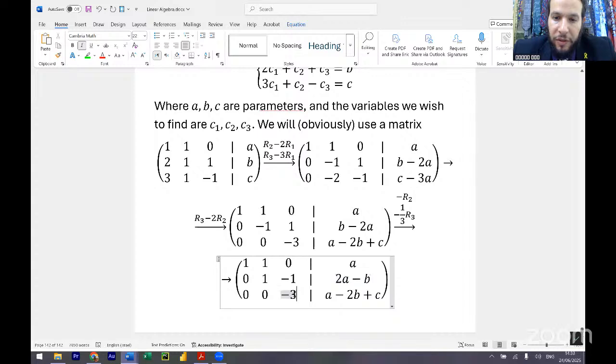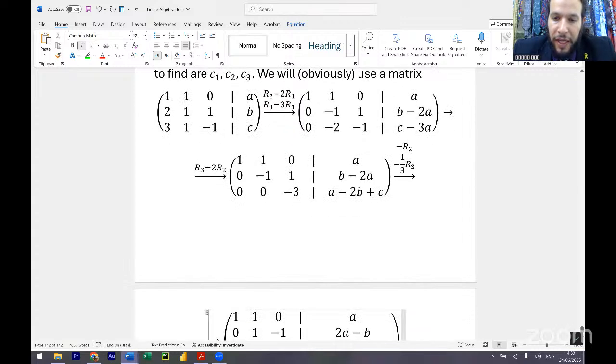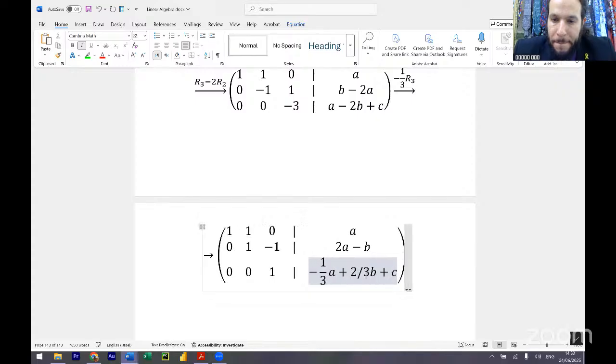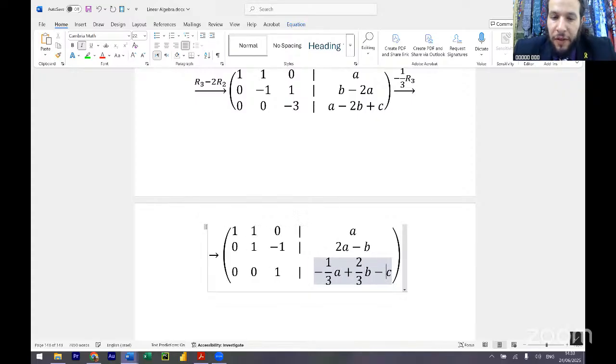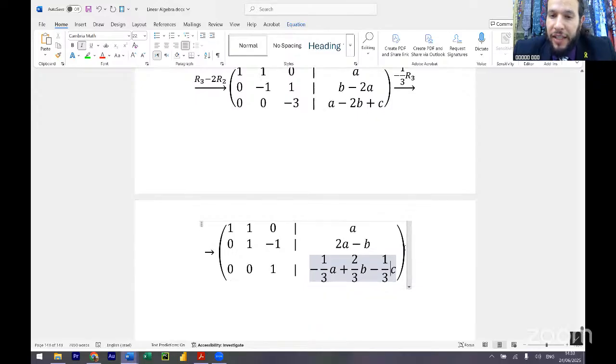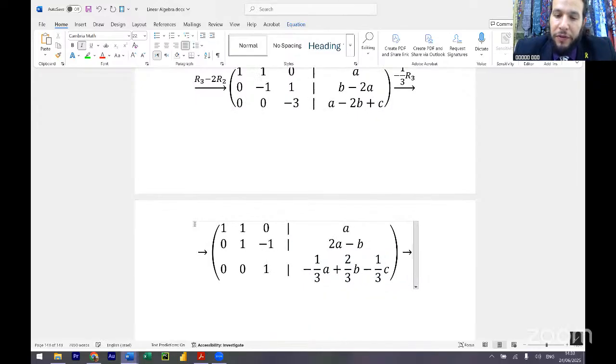And here we get 1 and minus a third of a plus 2/3 of b minus a third of c. And the last two operations will be one after the other.